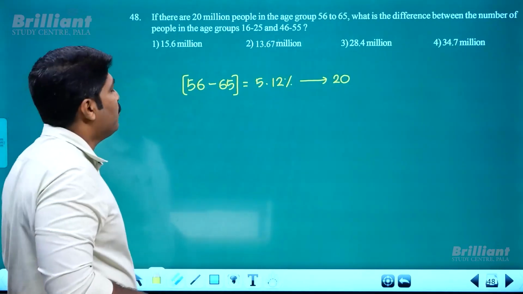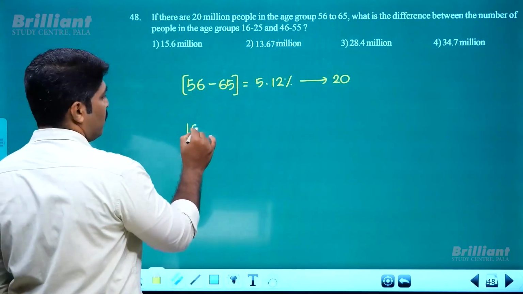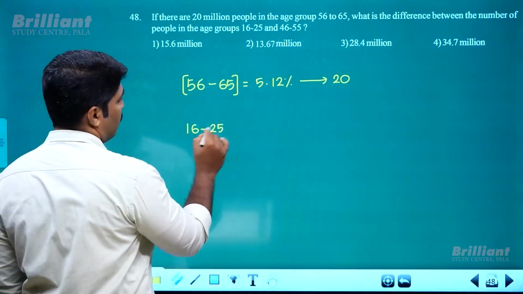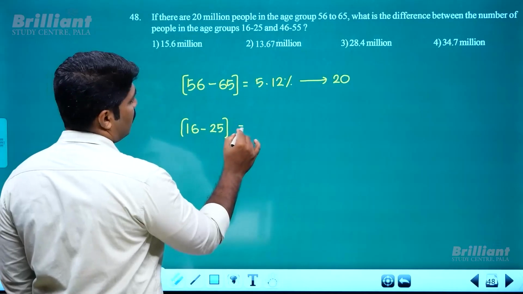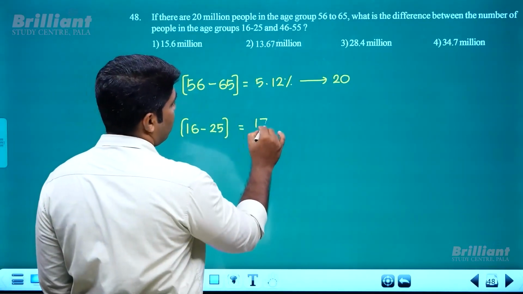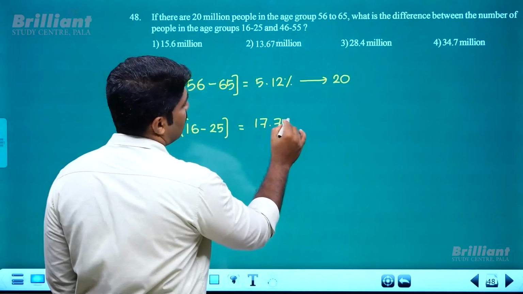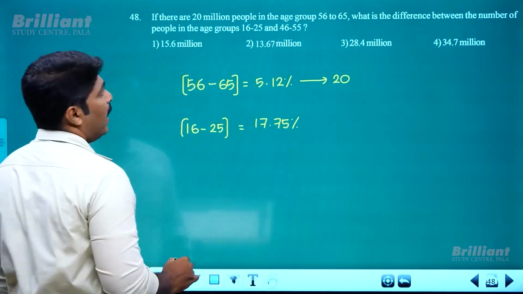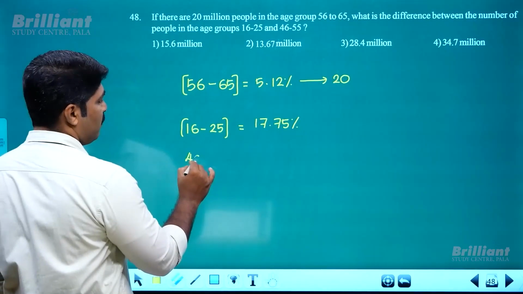And we have to find out the difference between the number of people in the age group of 16 to 25. So what is 16 to 25 here? We have the percentage value of 17.75, from the basic data. And the next one is 46 to 55.